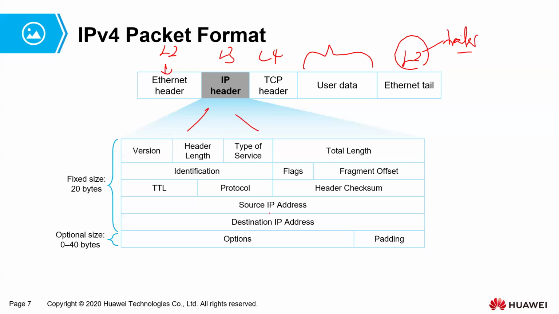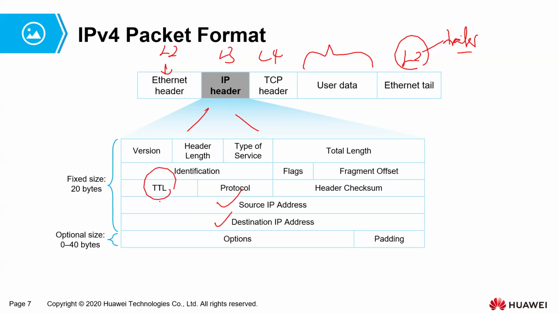But I think the most important ones you need to notice are the source IP and the destination IP. Basically, what we are adding is the IP addresses. That's where we are adding where the information is coming from and where it's going, the source IP and the destination IP.